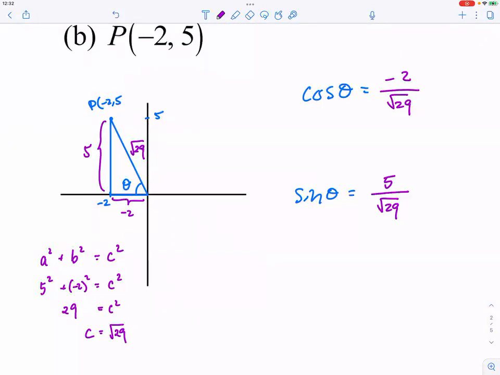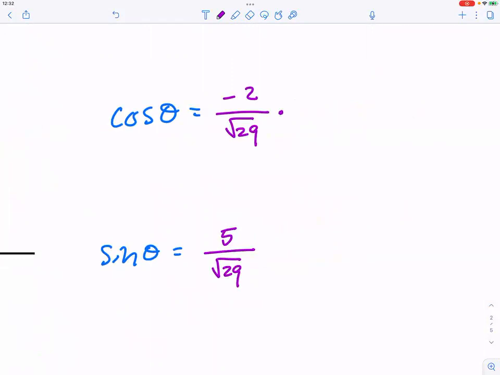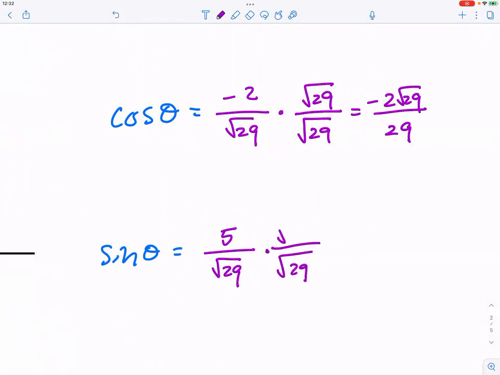However, because the square root is in the denominator, remember what you need to do? You need to rationalize it. We do not allow the denominator to have a square root. So you just multiply by square root of 29 over square root of 29, so the denominator becomes just 29. The denominator would no longer have a square root.